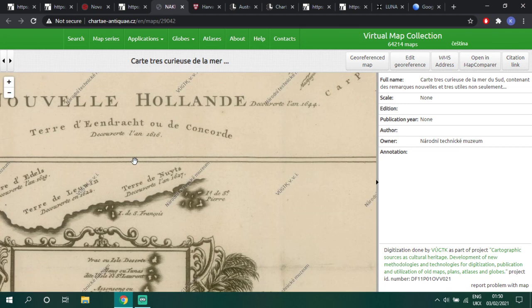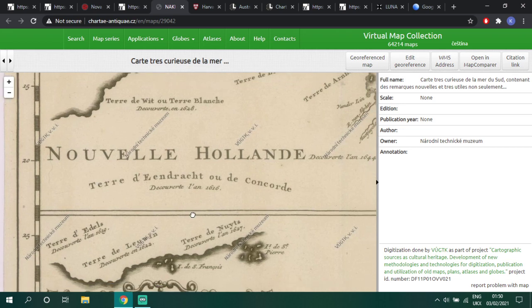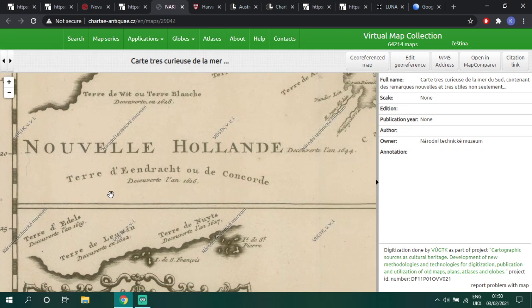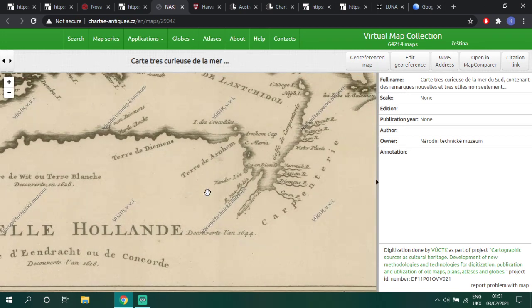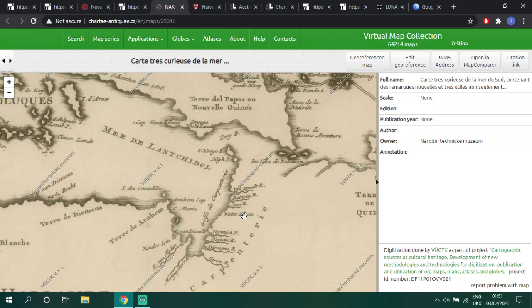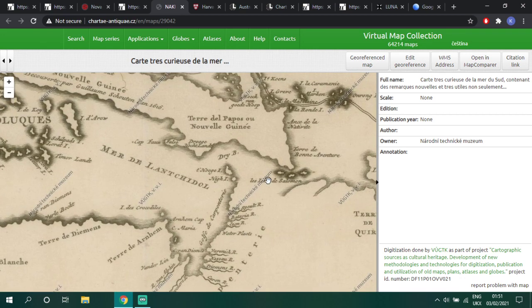So here we go. New Holland. Terra de Eendracht. 1616. 1616. That's a sign, by the way. Potentially. You have to go check that. So yeah, maybe this doesn't meet up there.